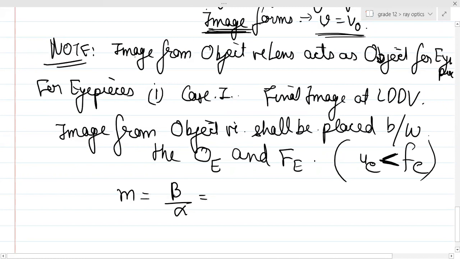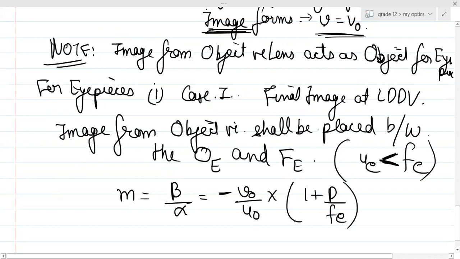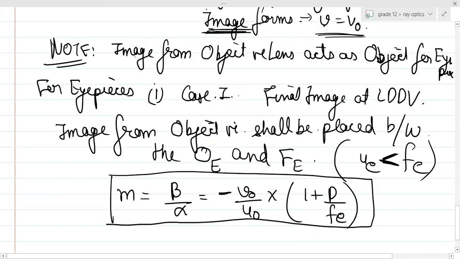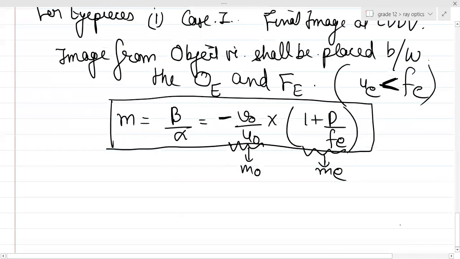The magnification formula will become beta by alpha equals minus of V naught by U naught into 1 plus D upon Fe. This is the final formula. And if you remember, this was basically the magnification of the objective lens, and this was the magnification of the eyepiece, right? Is it clear?